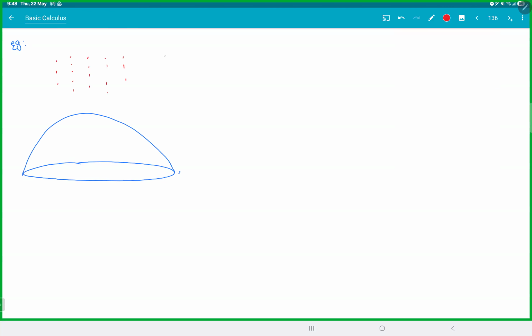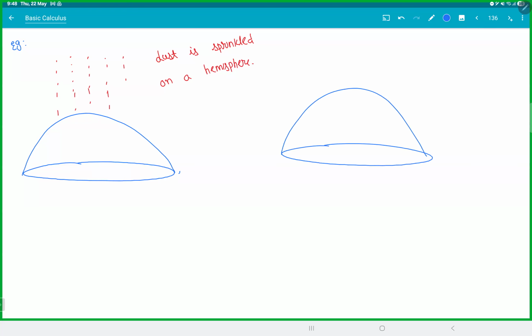Someone sprinkled dust on a hemisphere, and what we notice is that a part of the hemisphere got covered in dust. Why only part of the sphere? We'll see later on, there is something related to friction. And let's say this angle is 60 degrees. The question will be: find the area covered in dust.